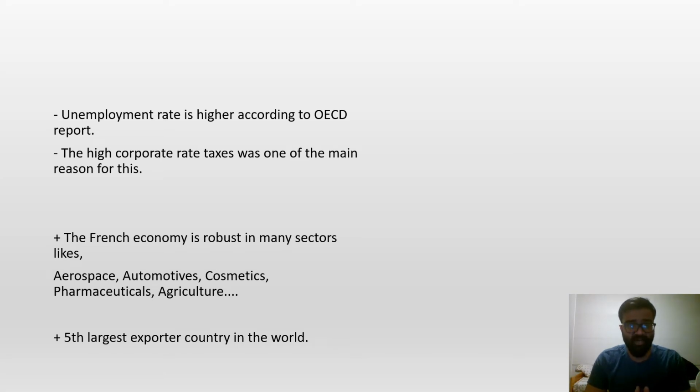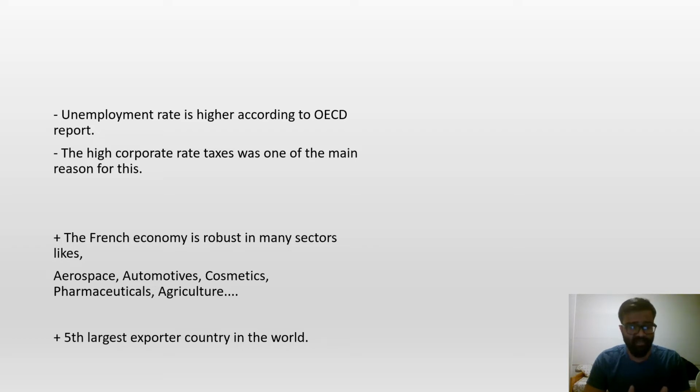Unemployment rate is also high according to the OECD report. The high corporate tax rate is one of the main reasons for this, because if corporates have to pay a high amount of tax, they have trouble giving employment to the people of the country. So yes, it is a very crucial point which affects a country most.